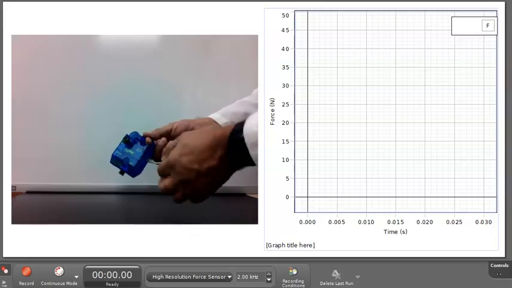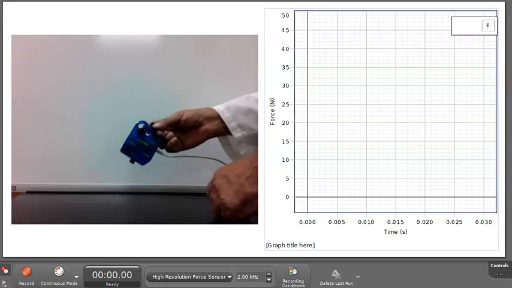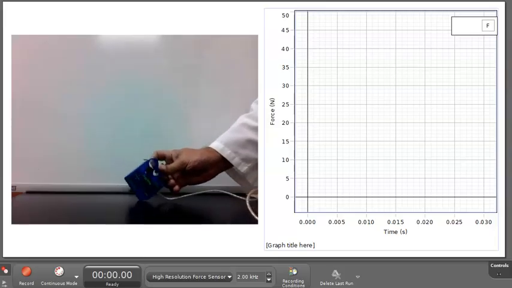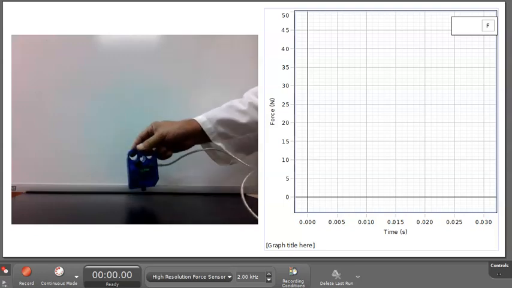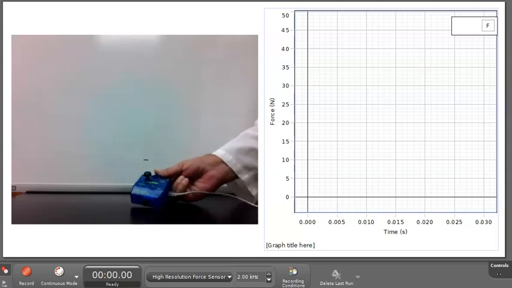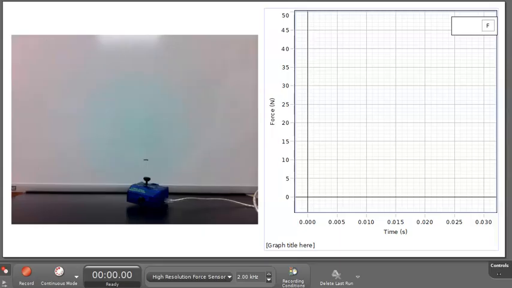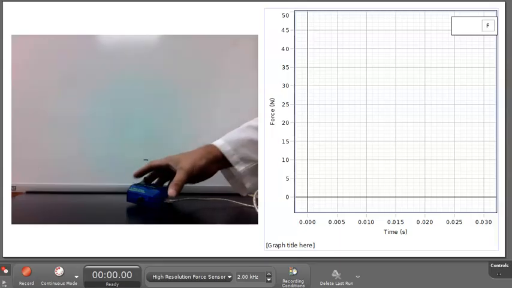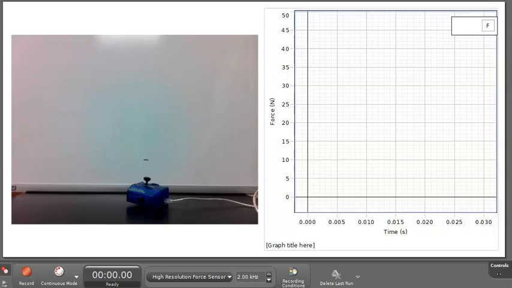But because of the cable at the end of it, it may torque, and so it may hit like this instead of hitting like this. I'm going to start recording. It is set so that it will not record the force until after a collision occurs. So hopefully, fingers crossed, I'll get it right the first time.